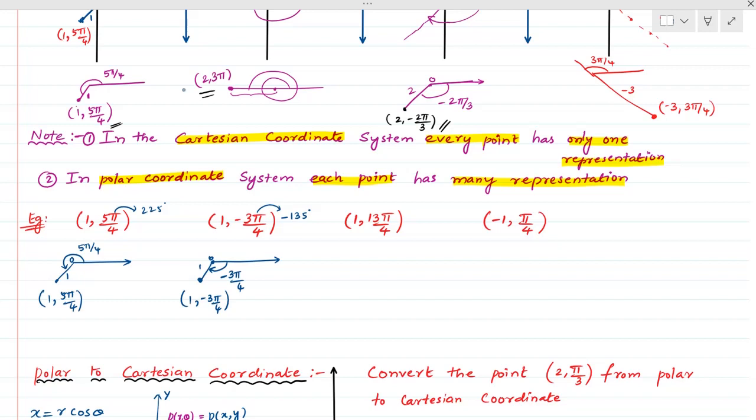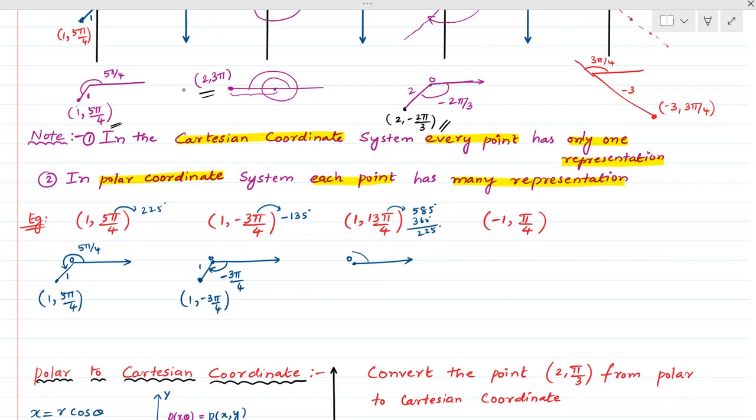So this is one more example here. This is the initial line you have, and this is 0. And here if you take this part, it is 45 into 13, which is equal to 585. So it is one full rotation, and if you subtract 360, you will get 225. So it is again coming to the third quadrant.